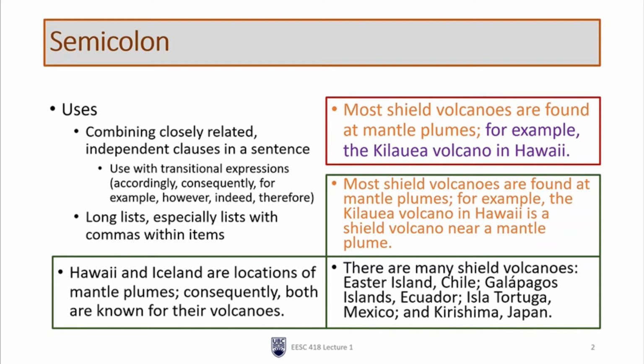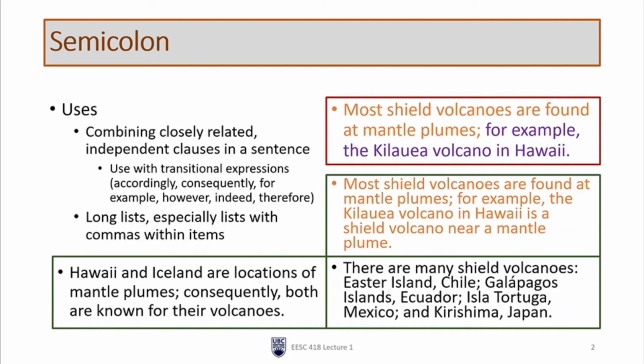So by using a semicolon, we can see that each item is separated by a semicolon and each item has a comma within it. So for example, Easter Island, Chile; Galapagos Islands, Ecuador; Isla Tortuga, Mexico; and Kirishima, Japan. These are now four items, each with a comma within the item, separated by a semicolon.